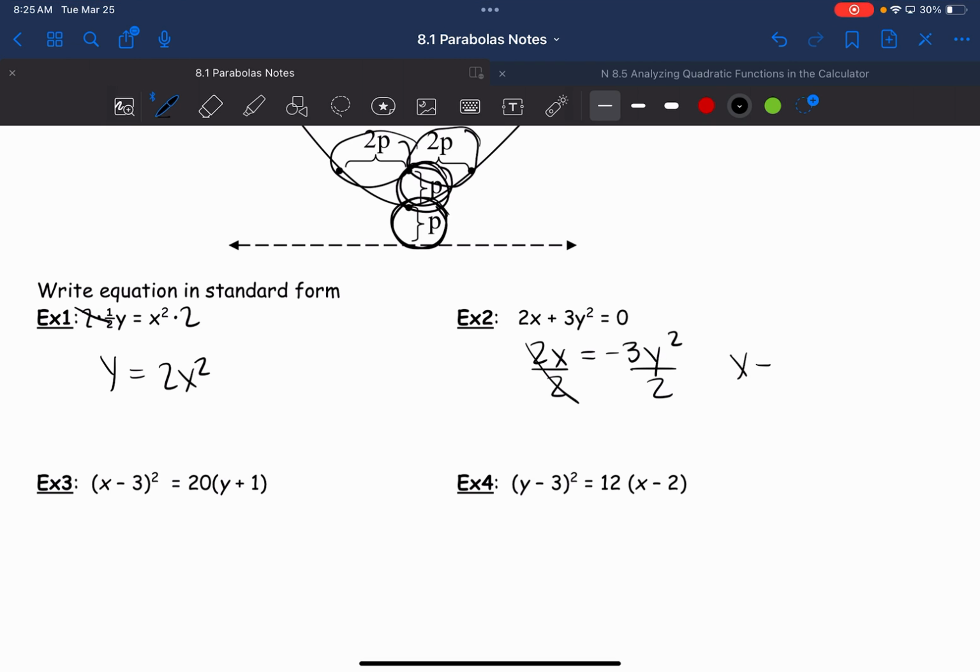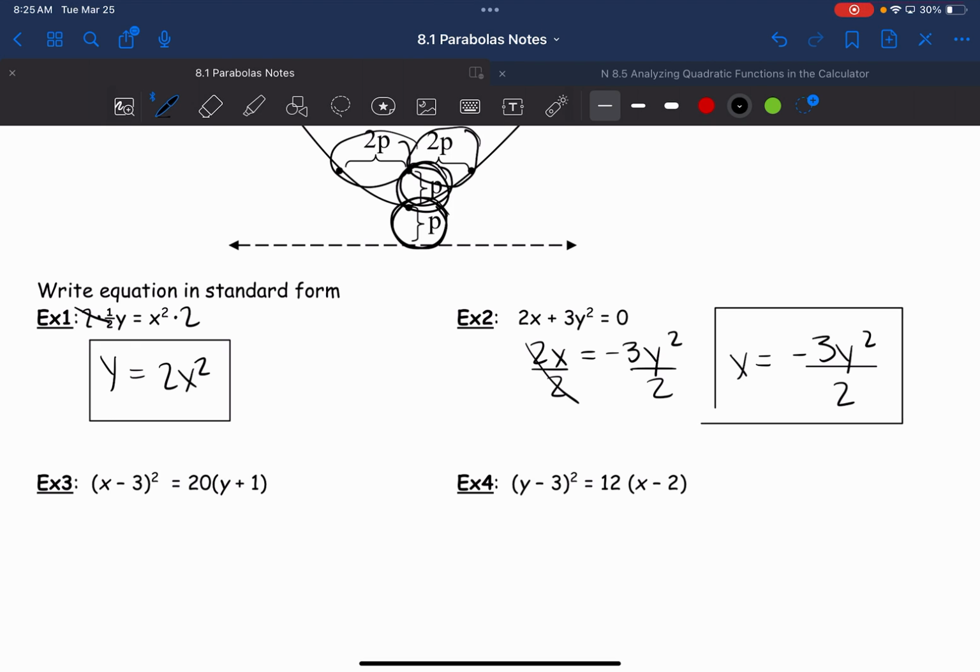So we'd end up with x equals negative 3y squared over 2. All right. Okay, you guys try example 3 and 4. Remember, you don't want to get rid of the square, so solve for the other variable that does not have the square.